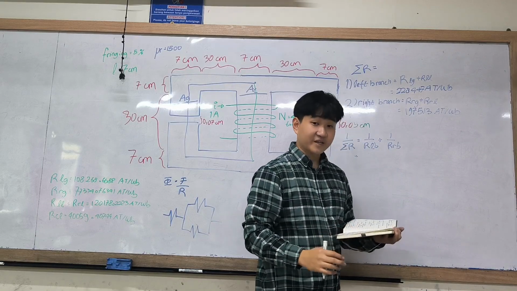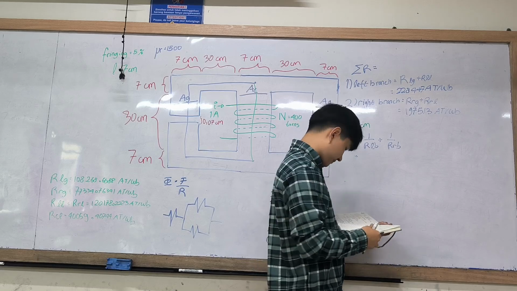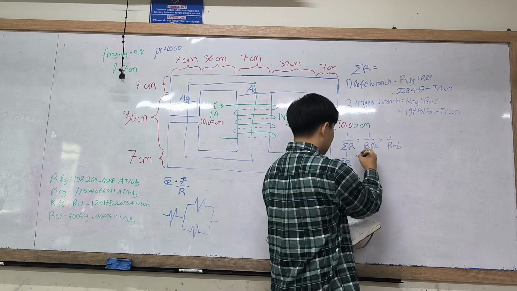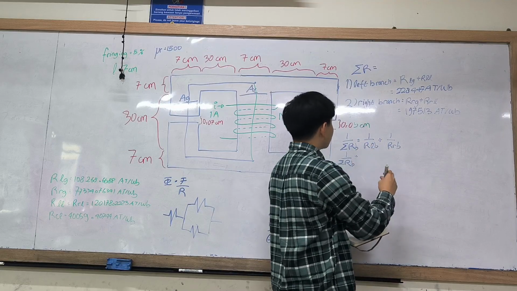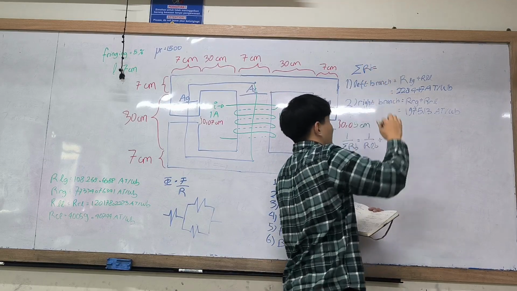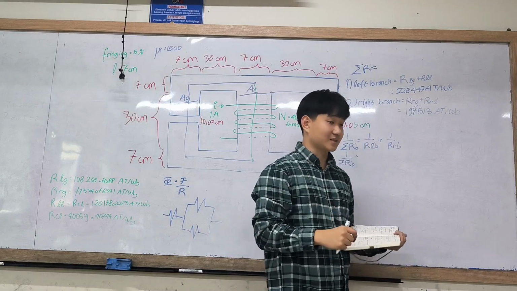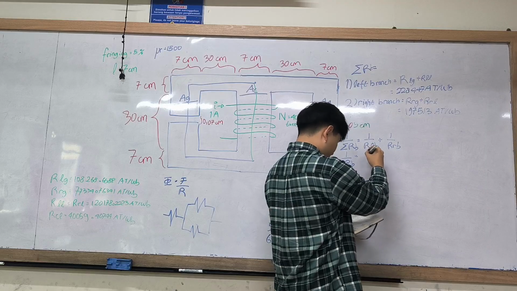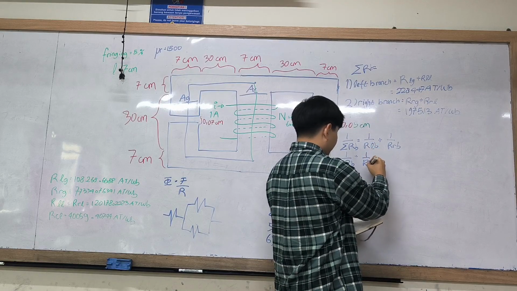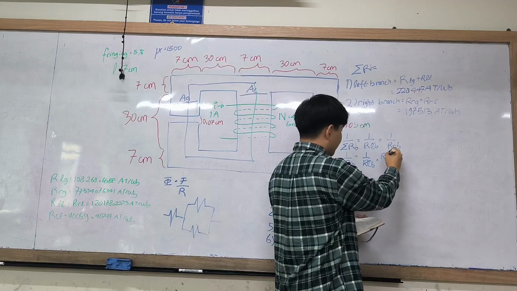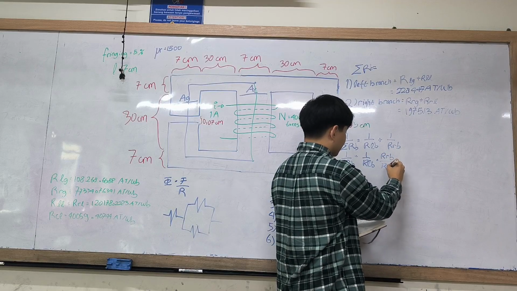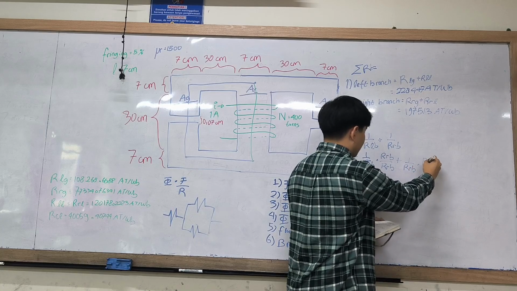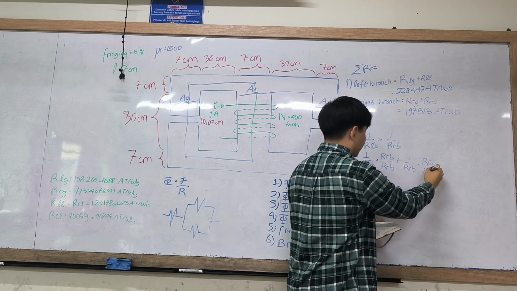To better simplify it, we can modify the formula. So it will look like this: 1 per total R branch, because it will be more specific that we are not looking at the whole reluctance but rather just the branch first, equals 1 per left branch multiplied by the right branch divided by the right branch plus 1 per right branch multiplied by the left branch divided by the left branch.